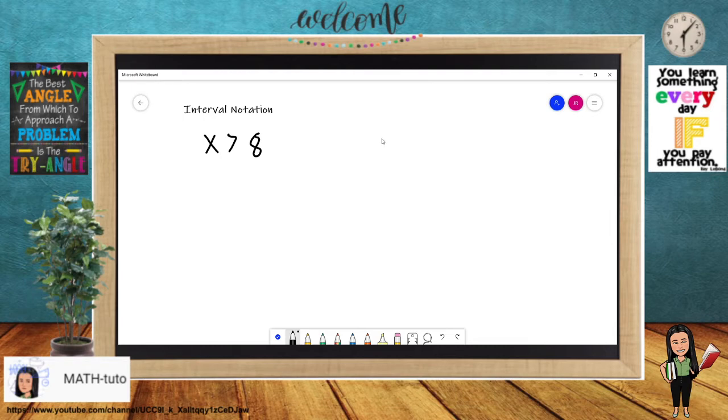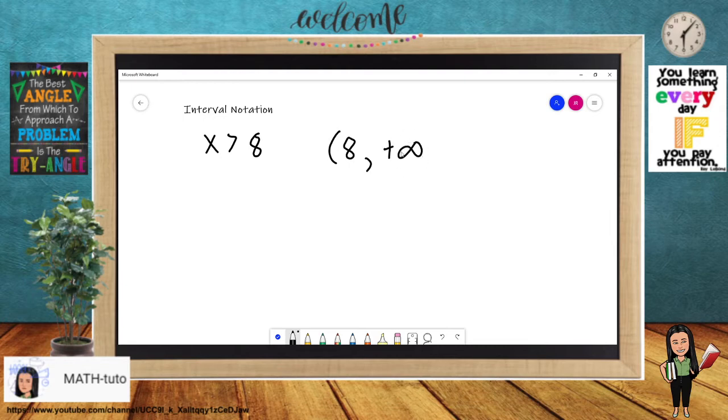For x is greater than 8, syempre, these are all the values that are greater than 8. Ibig sabihin, 8 is not included. So, parentheses ang gagamitin natin. Numbers that are greater than 8, syempre, we have 8.1, 8.2, and so on. Tapos 9, 10, 11, infinite yun. Until positive infinity. Okay, so sulat natin, parentheses, and then 8, comma, and then positive infinity.